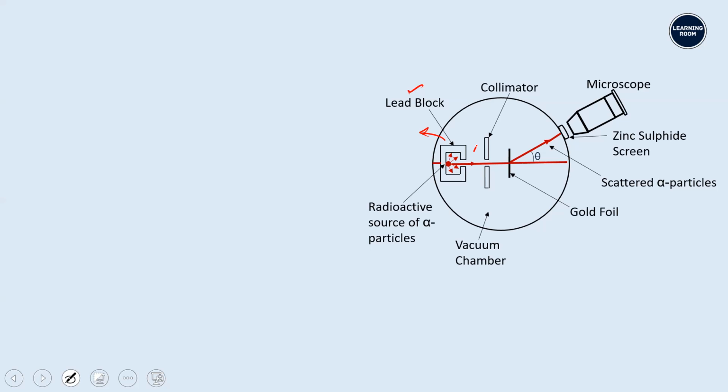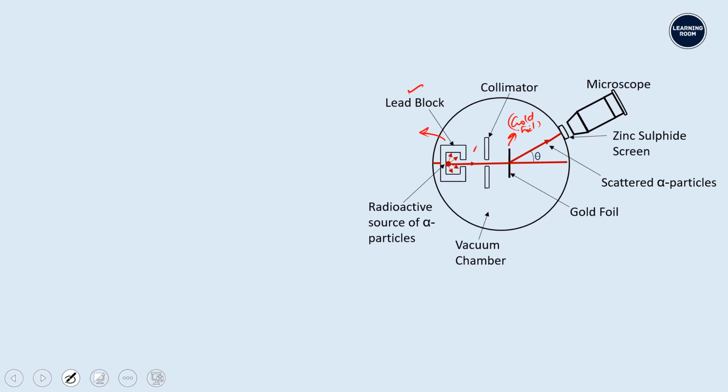And you have a gold foil which is placed here. Are you able to see? So when the alpha particles are traveling towards the gold foil, you could observe that some of the alpha particles actually pierce through and some started facing a deviation.